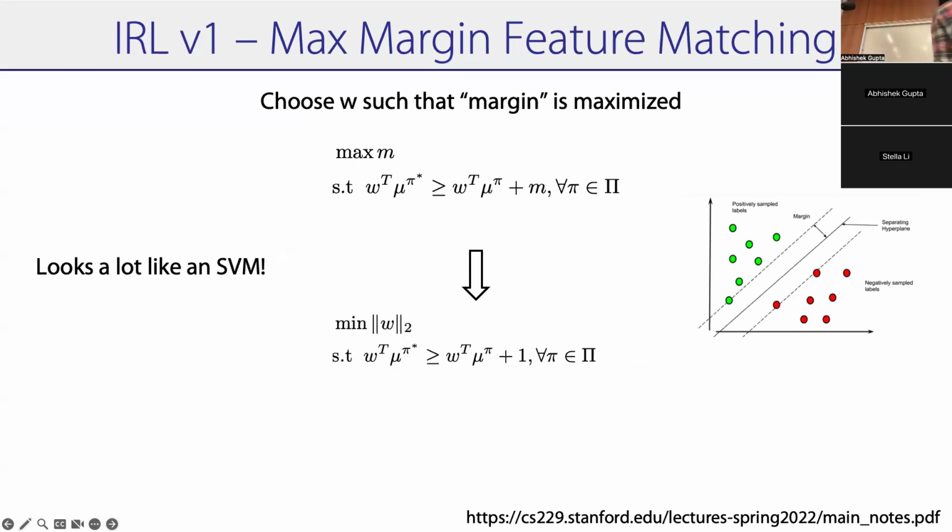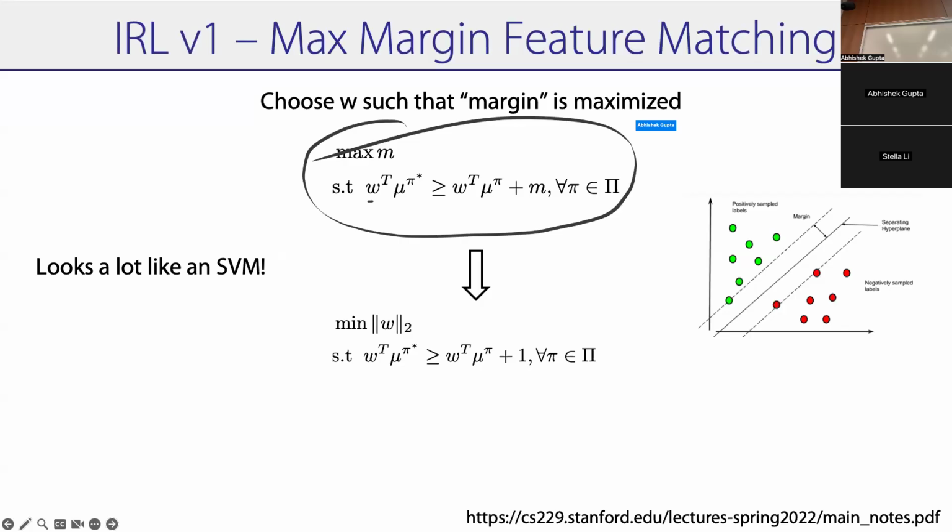I'm not going to go through this math here. You should go look at Andrew Ng's notes. They're excellent. But essentially, just like you were saying, you can impose a W norm equal to 1 constraint, and you can show that this objective is equivalent to this objective.